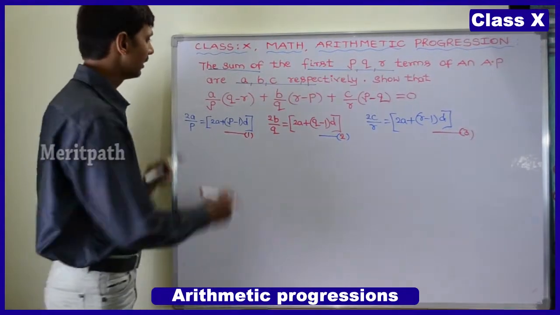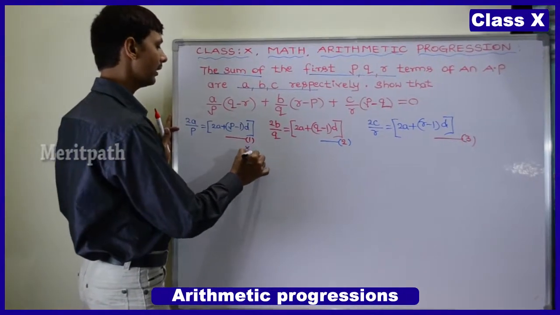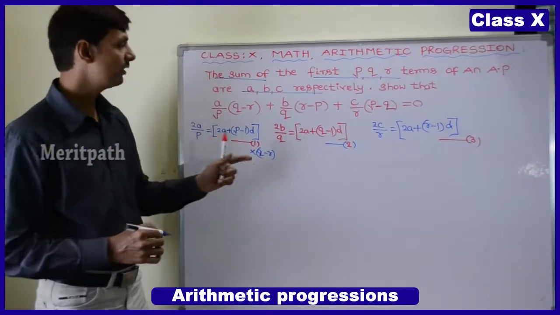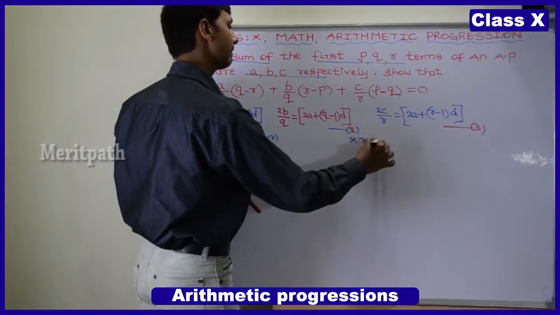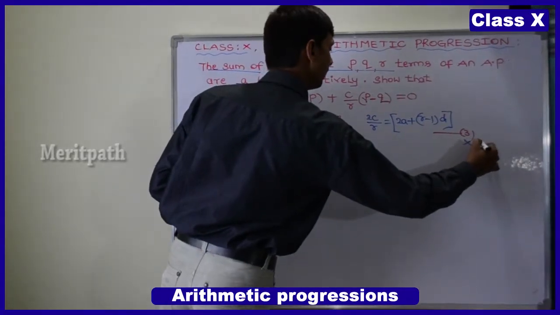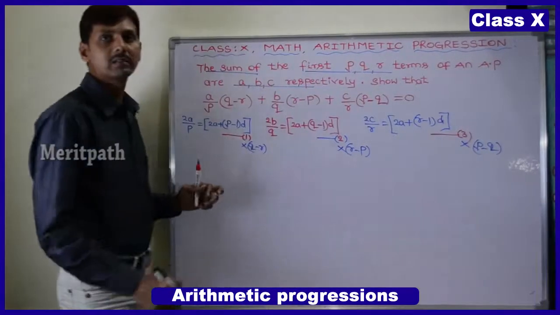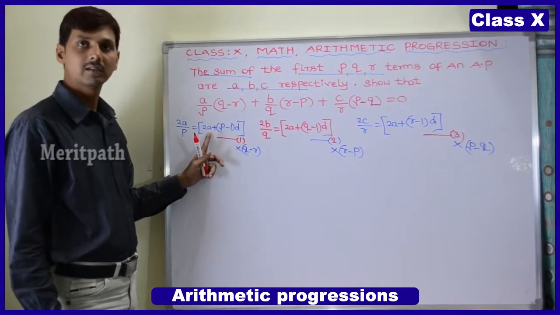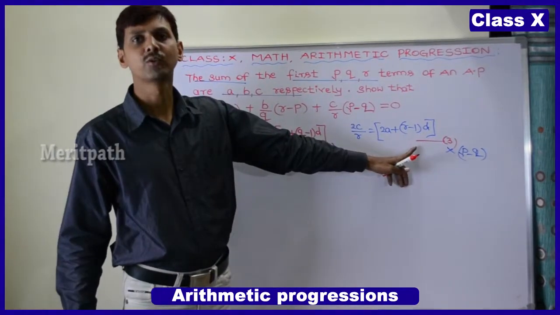So let us multiply the first equation by q minus r, the second equation by r minus p, and the third equation by p minus q, because q minus r, r minus p, and p minus q are not present in the equations.